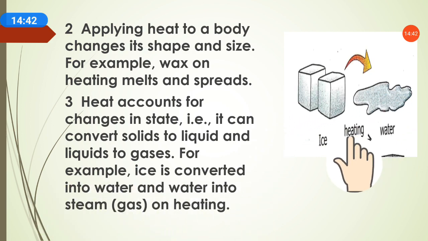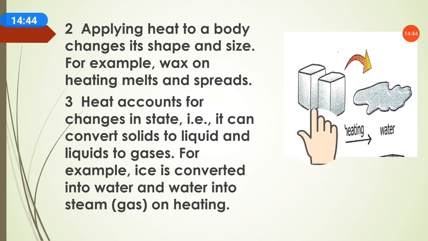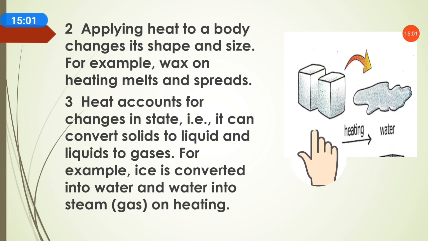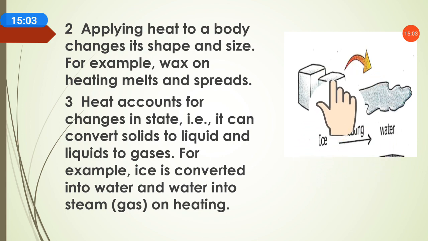You can see here through this picture that this ice is in the state of solid. And when you apply heat, or you take the ice cubes out of the fridge and keep them at normal room temperature, they will start to melt and become water. Means it is getting heat and starts converting to liquid, solid to liquid.